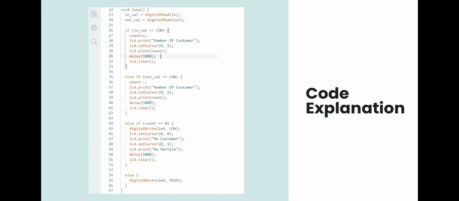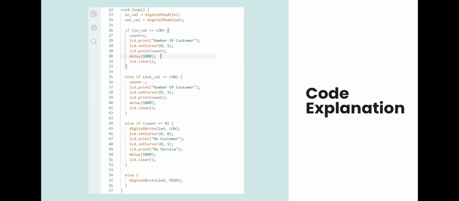The third one is when there are no people in the room. The visitor count becomes 0, or no current visitors. The system runs the condition else if count equals 0. In this case, the LED is turned off using digitalWrite LED low.